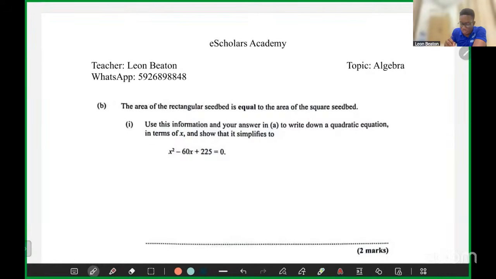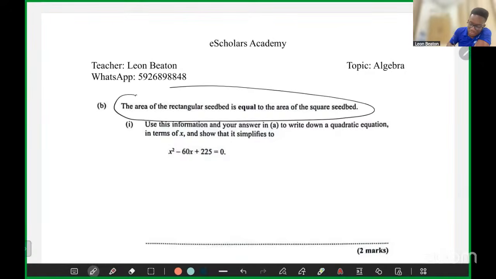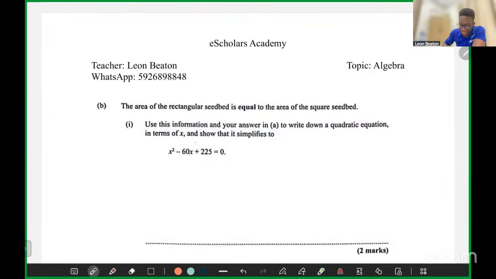The area of the rectangular seedbed is equal to the area of the square seedbed. So they want us to use this information above and get this answer. When we work it out, we should get this answer.